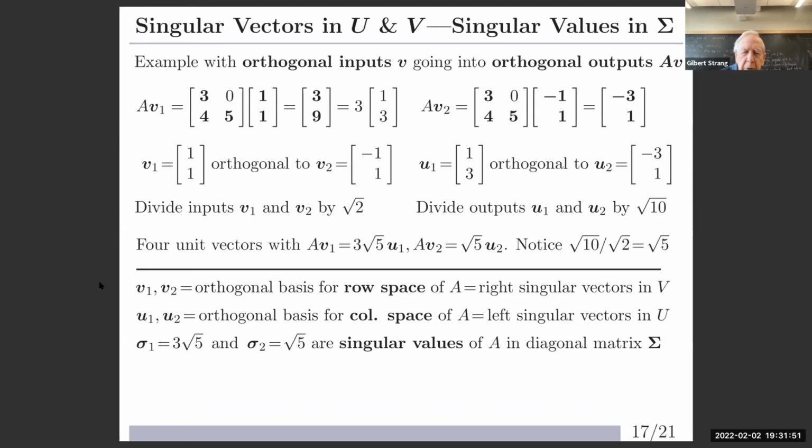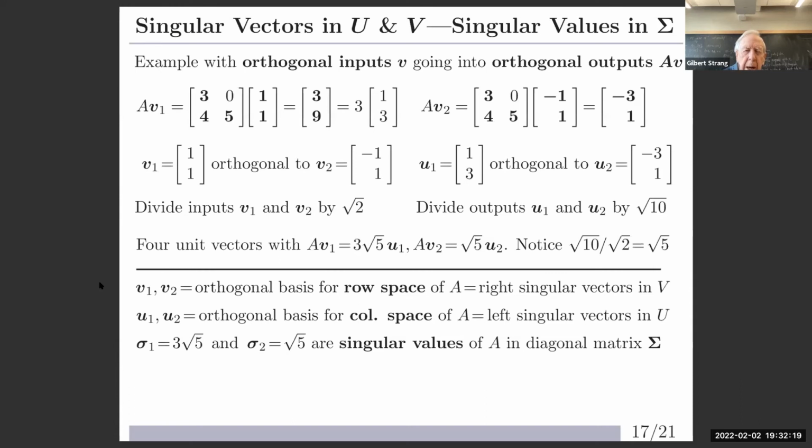So I have this wonderful situation that the inputs V1 and V2 are orthogonal, and the outputs U1 and U2 are orthogonal. And that's what you want for the SVD, for singular values and singular vectors. So those are the singular vectors.